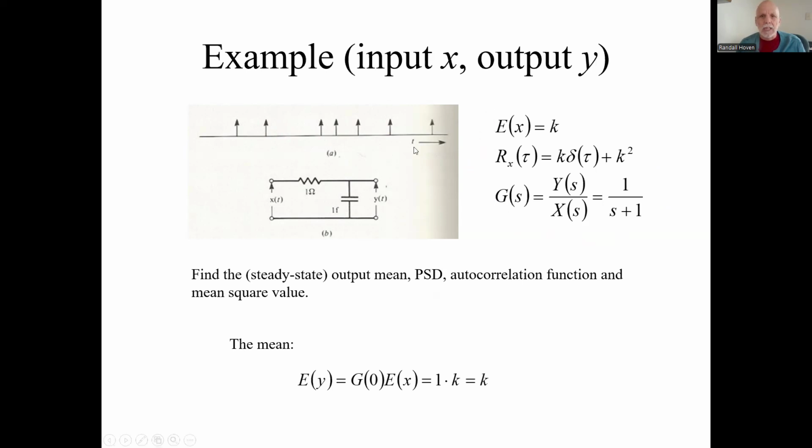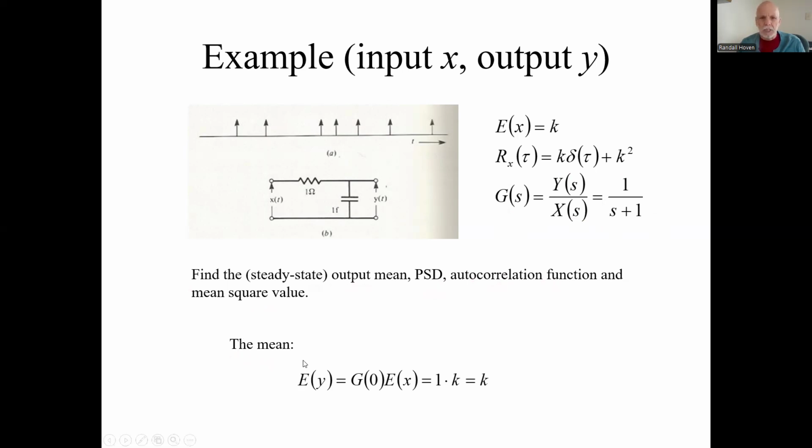But we can kind of ignore this physical process if you want and just say, okay, here's what we know. The input has this mean, this autocorrelation function, and the system has this transfer function. Our job is to find the steady state mean, power spectral density, autocorrelation function, and mean square value.